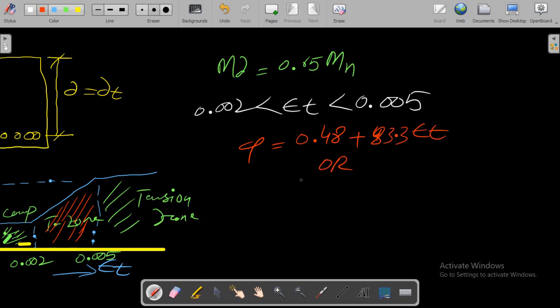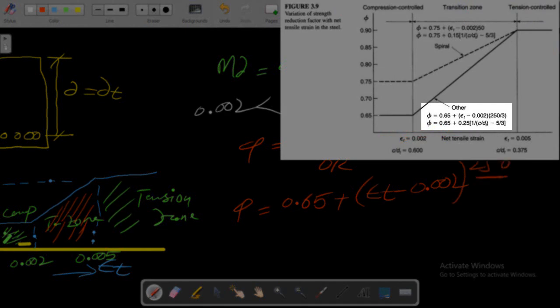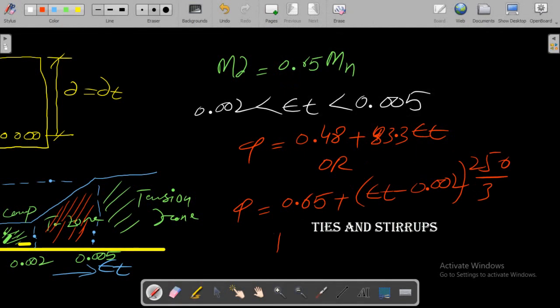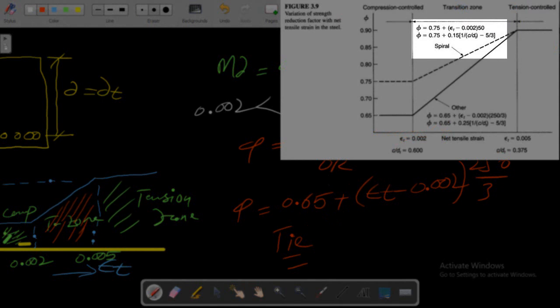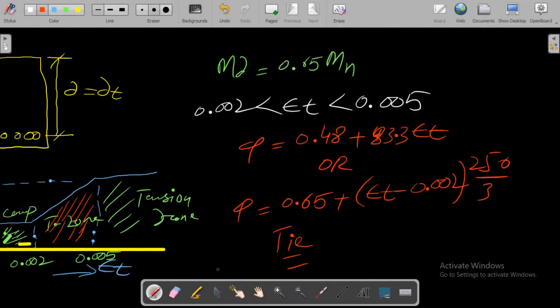It can also be adjusted using the other equation, that is 0.65 plus (epsilon t minus 0.002) into 250 divided by 3, for the tied case, when we have tie reinforcement. In that case these two equations will be used. For spiral this equation is different. I will share that equation in coming examples, but this should be remembered.